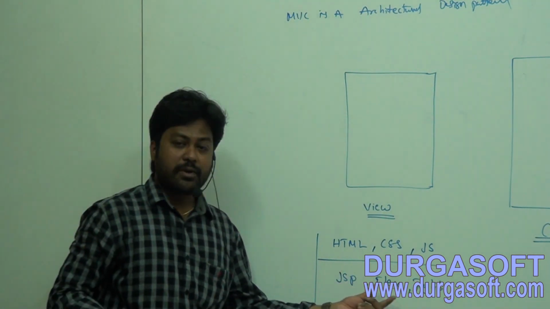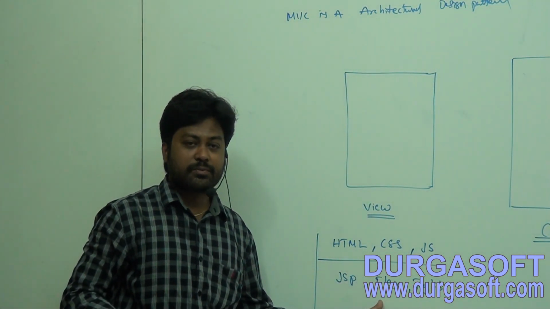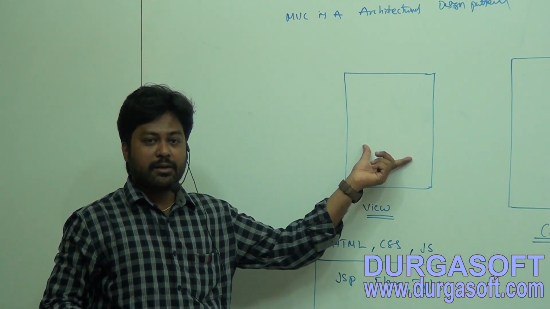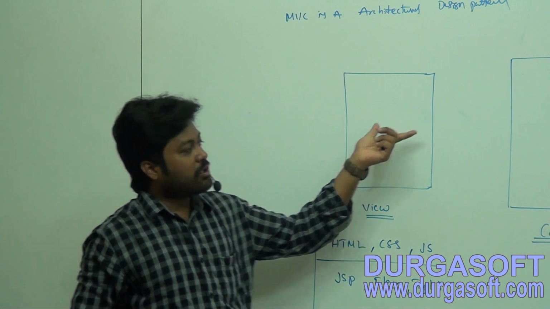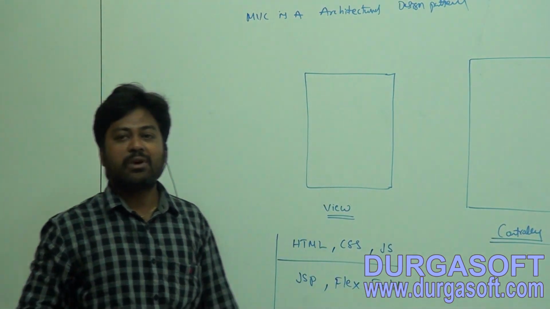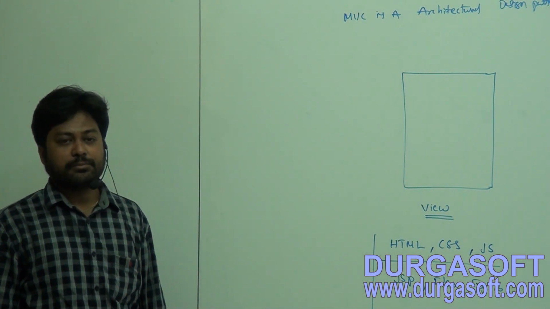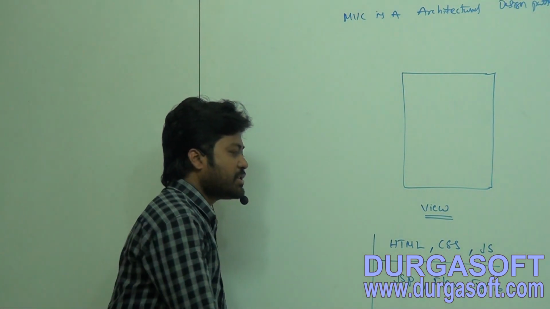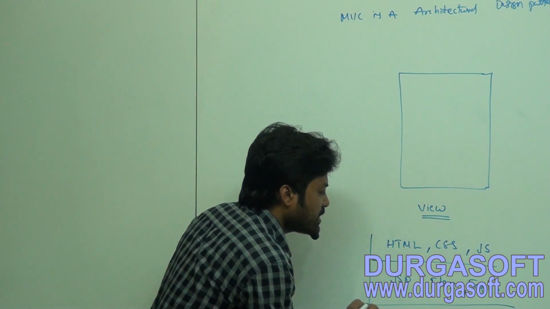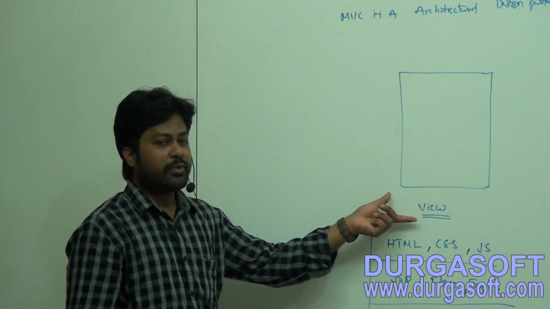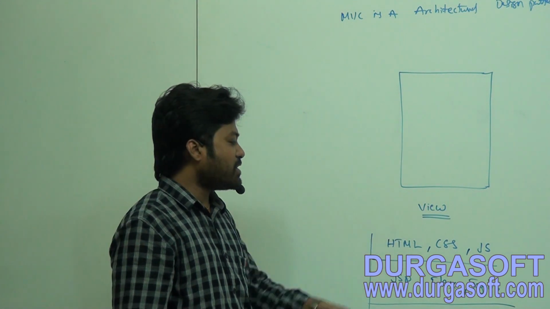By using Adobe Flex, rich UI interfaces we can create. By using Adobe Flex, you can talk with Java classes. Server side you can maintain Java classes, and browser side you can maintain the Flex UI. You can use HTML, CSS, JavaScript, JSP, Flex, tag libraries. For your presentation, you can use anything.